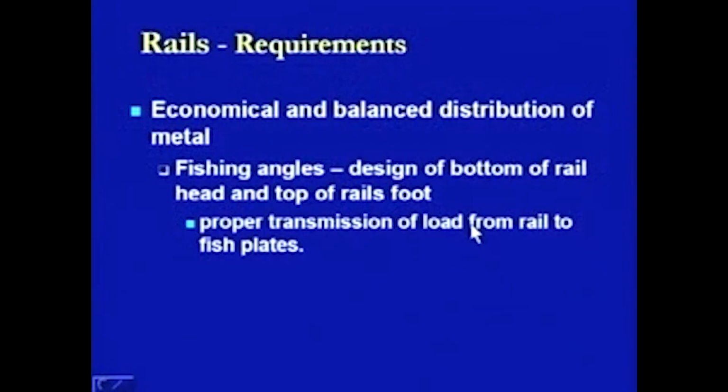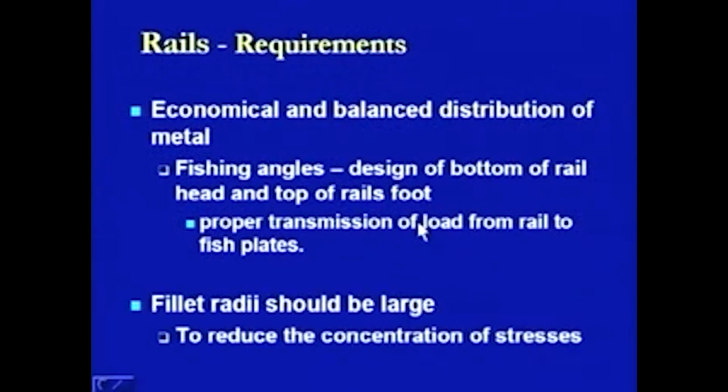So, at the location at which the head is connected to the web or the foot is connected to the web, whatever curvatures have been provided, at that level the fishing angles have to be designed in that form, so that proper connectivity is maintained.